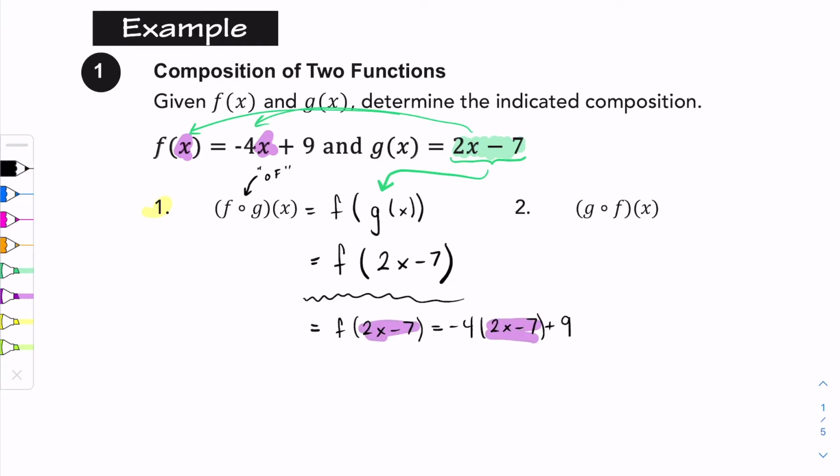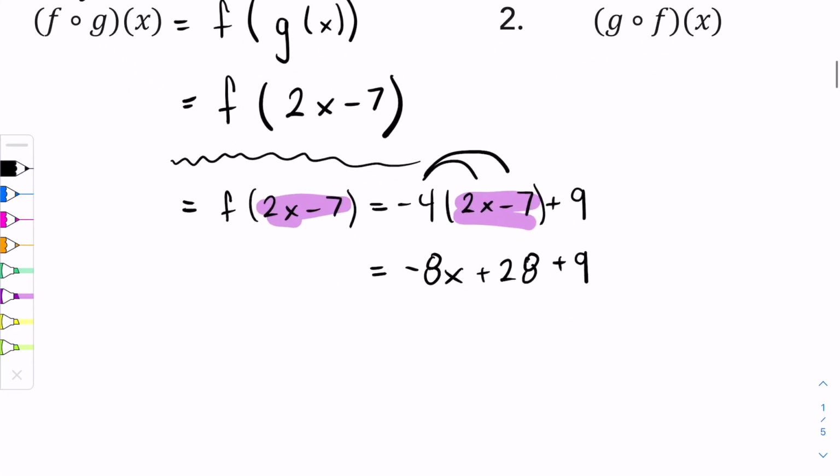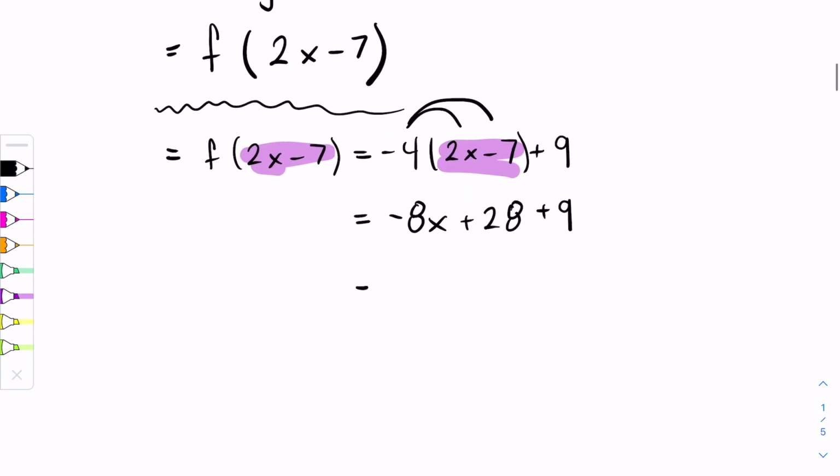And then you just simplify. Negative 4 times 2x, negative 4 times negative 7. That gives us negative 8x plus 28 plus 9. At this point, you simplify your common terms, giving you your final answer of negative 8x plus 37.